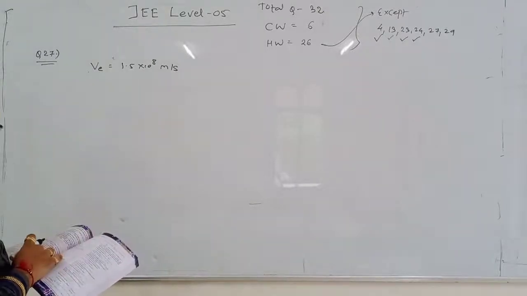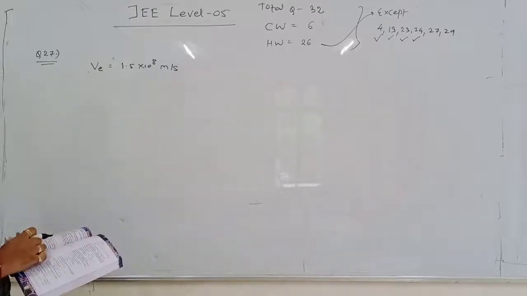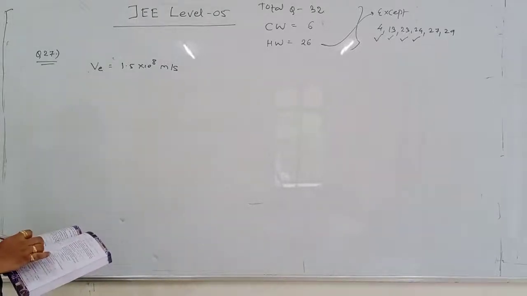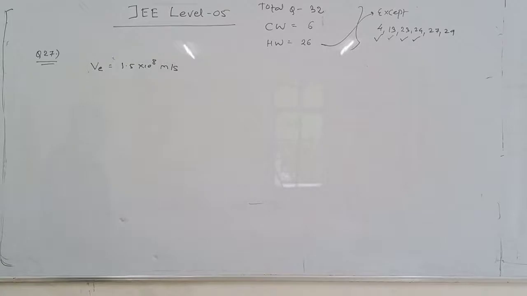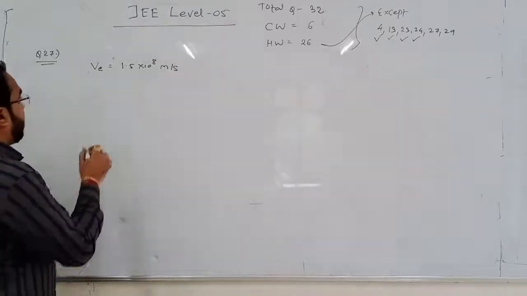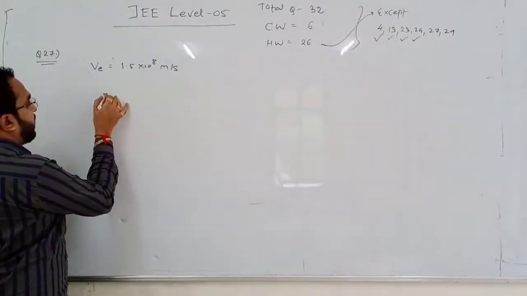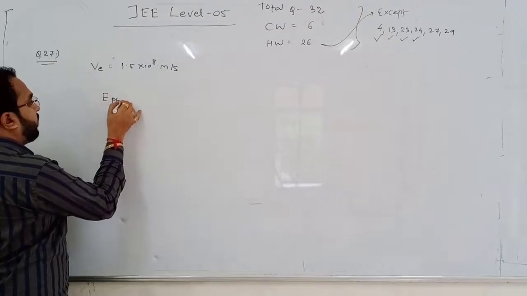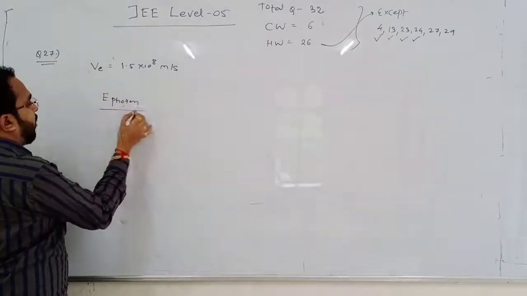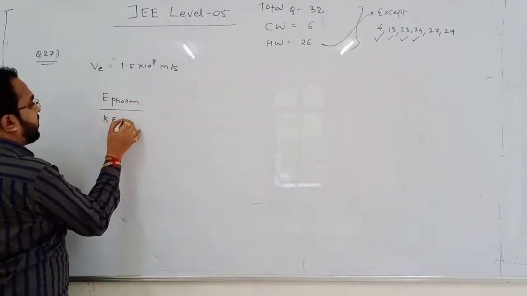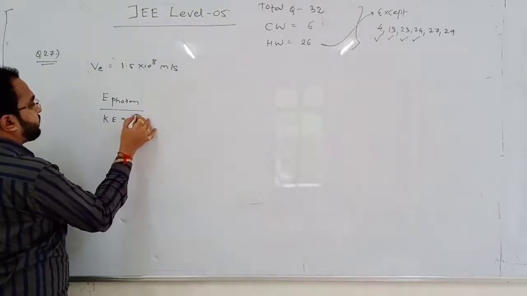Find the ratio of the energy of the photon to the kinetic energy of the electron. Listen carefully: what is asked is the ratio of energy of photon upon kinetic energy of electron.